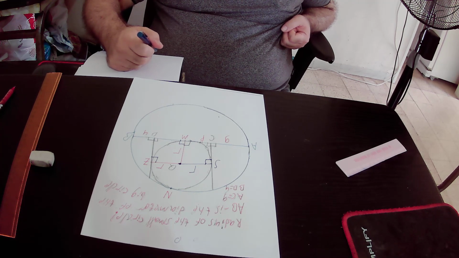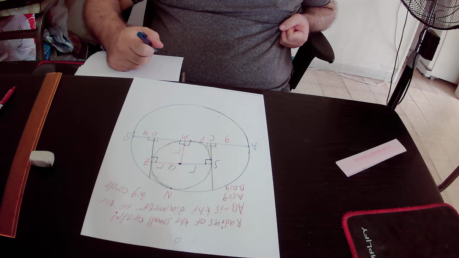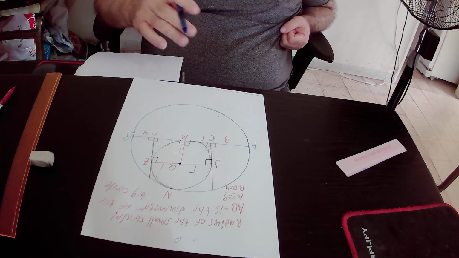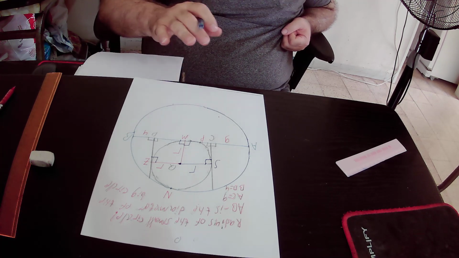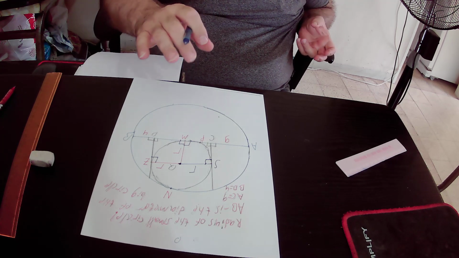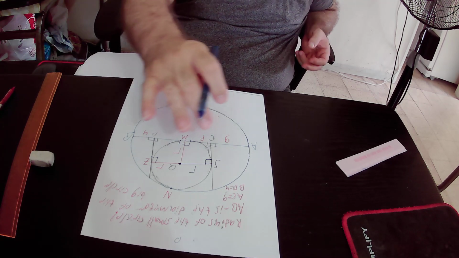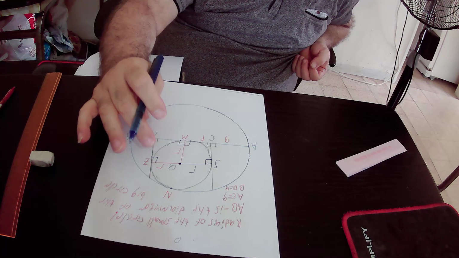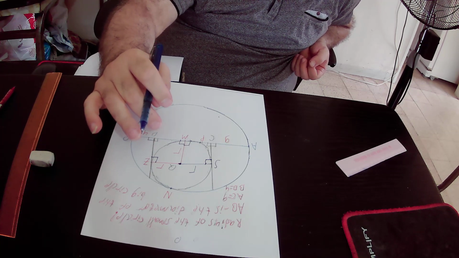Again, rule number 1 states that the tangent to the circle is perpendicular to the radius drawn to the launch point. And here we have 3 radiuses that are all drawn to the launch points between the circle and its tangent.